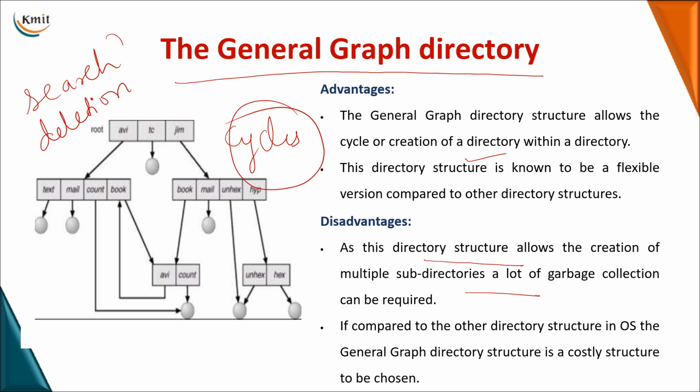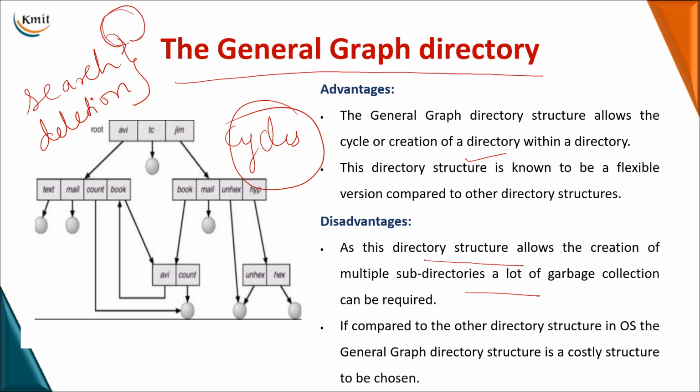Since you have a cycle, whether you go for a search or deletion operation, you may get a case where the link points back to the same place. You started from this path, and you reach the same path. So searching can be done twice, or when you are deleting, it points to the same file once again.